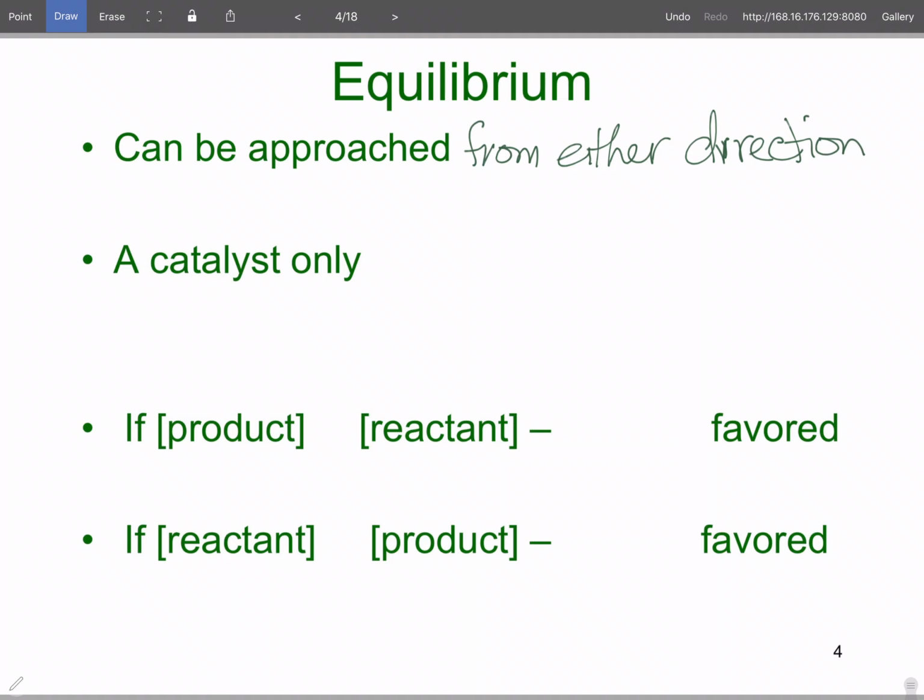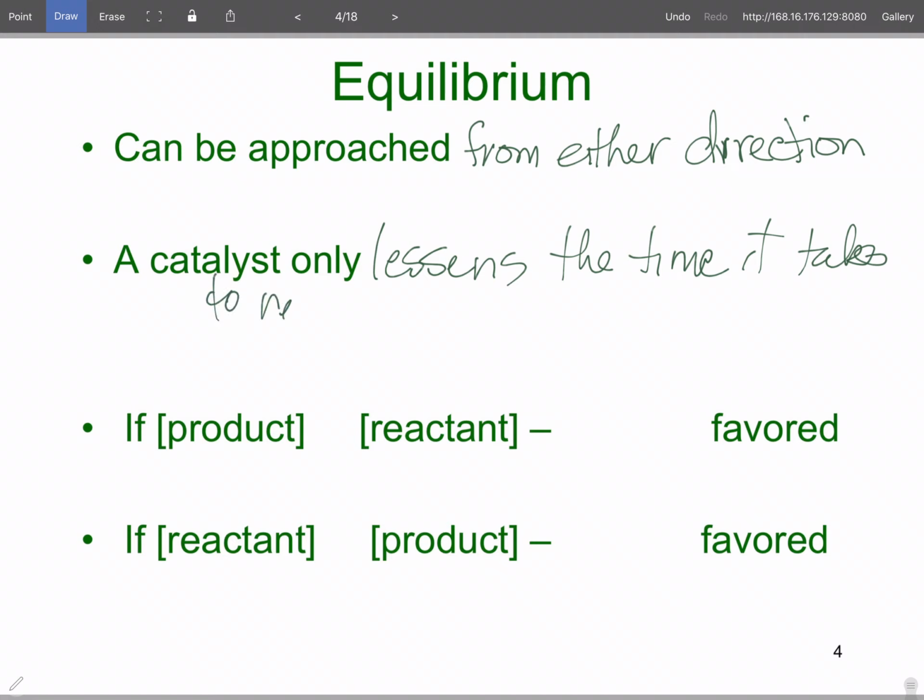Now, a catalyst, which we said speeds up the reaction, only lessens the time it takes to reach equilibrium. So a catalyst is great for speeding up a reaction, and because the rate of the forward equals the rate of the reverse, it does make it get there faster. But once you're at equilibrium, catalysts have absolutely zero effect.